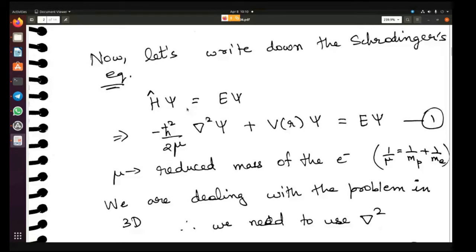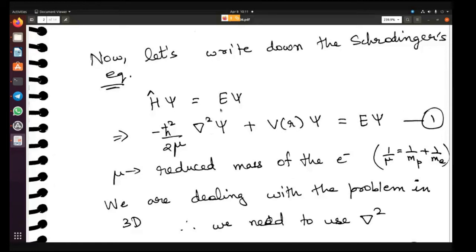And here we have to consider del square. Instead of dou square by dou x square, we have to consider its three-dimensional variant of the operator, because in this problem we are dealing with three dimensions. You are assuming that there is an electron cloud around the nucleus, so it's like a sphere around the nucleus.